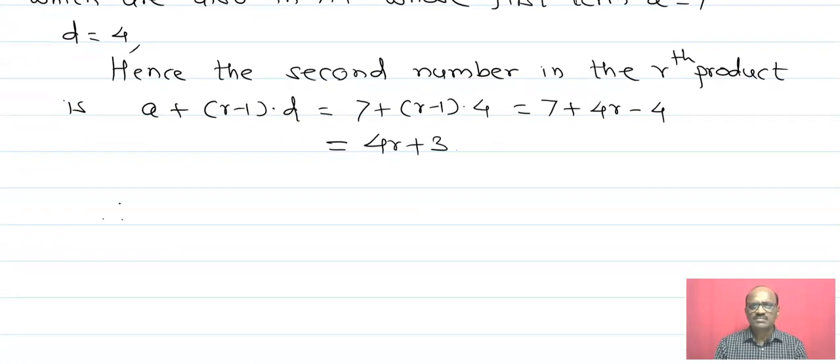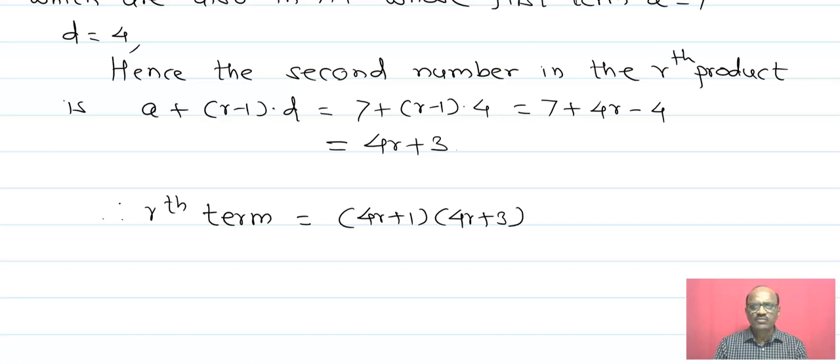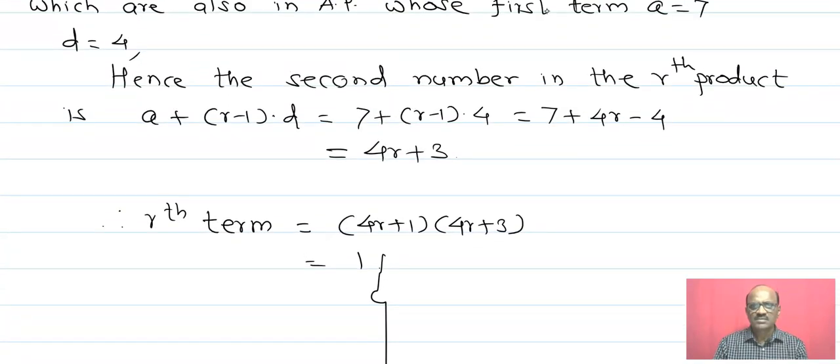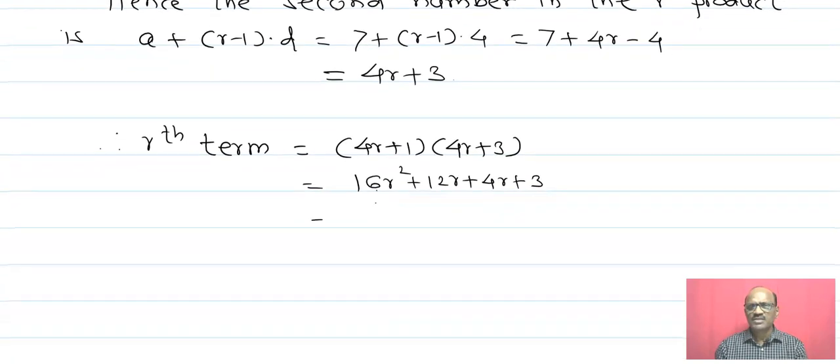Therefore, the rth term is equal to 4r plus 1 into 4r plus 3, and their product, that is 16r square plus 12r plus 4r plus 3, and 16r square plus 16r plus 3.